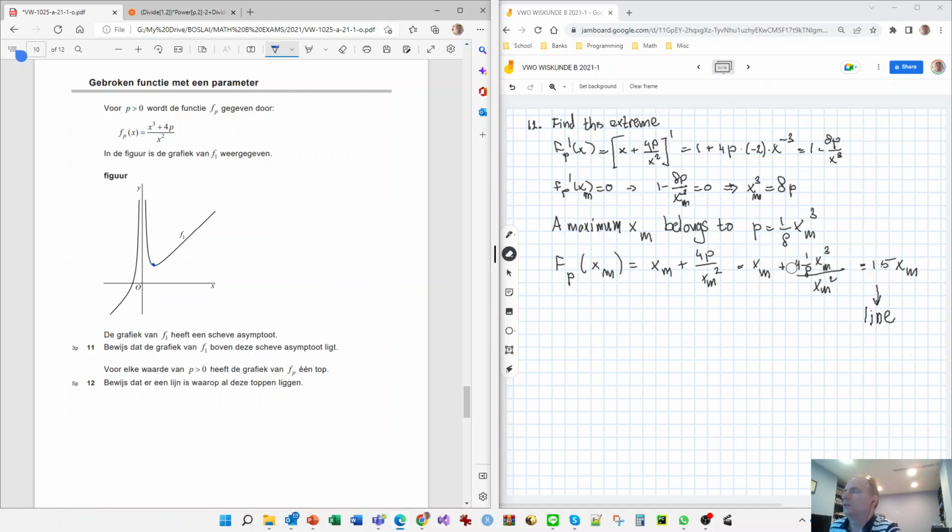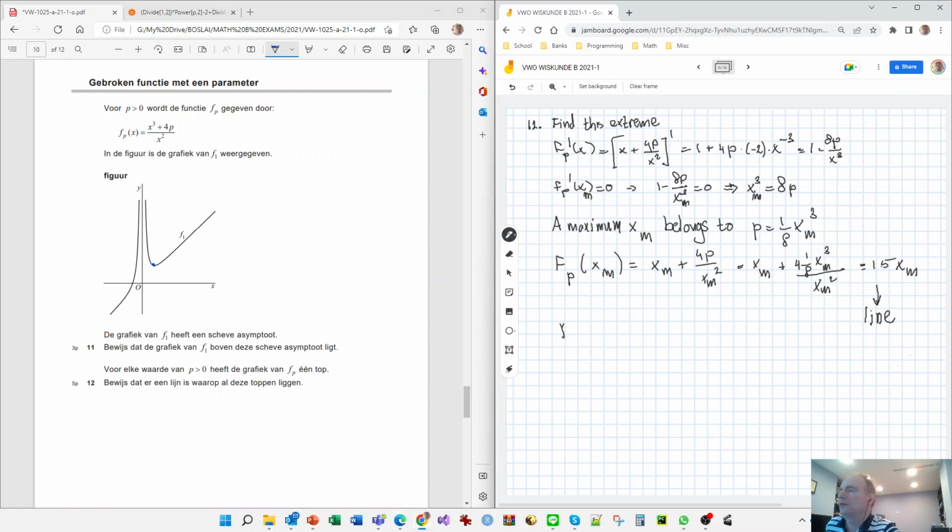So let's take the example of p is equal to 1, then since x_m cubed has to be 8p, which is 8, you get x_m is equal to 2, and y_m is equal to 3.